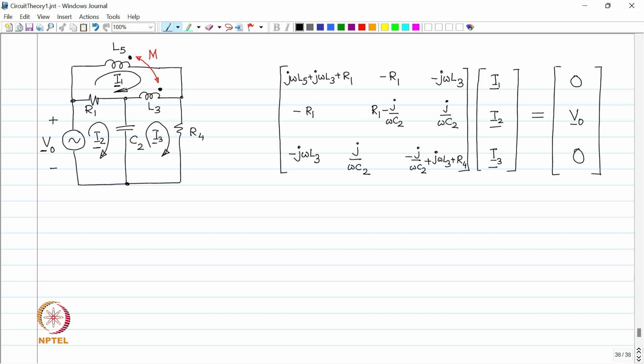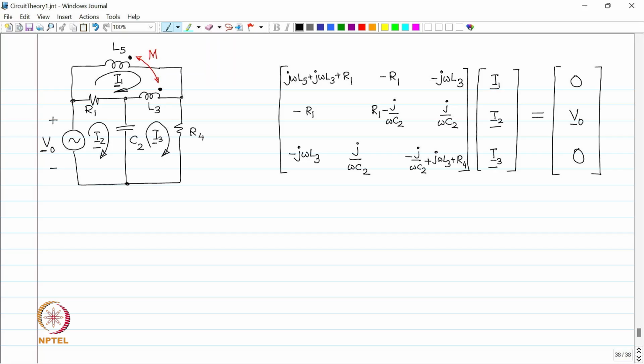Now, the two inductors have been coupled, okay. They have been wound on the same iron core, or the flux through one goes through the other, that is all. All right, what is going to happen? Let us look at the first line. First we have I 1 current, right.